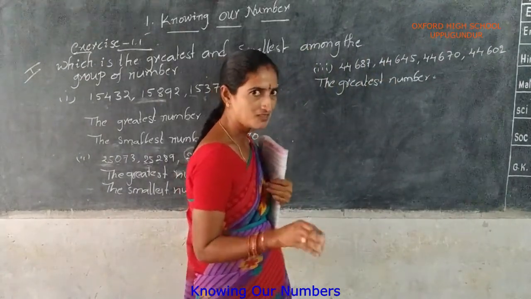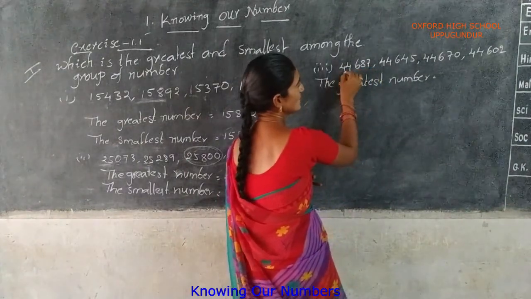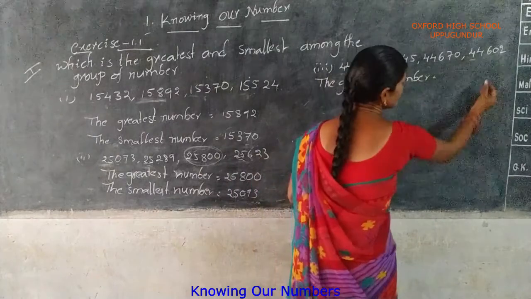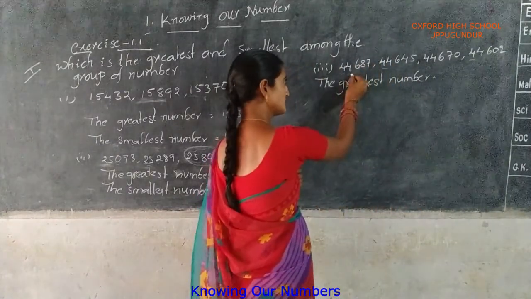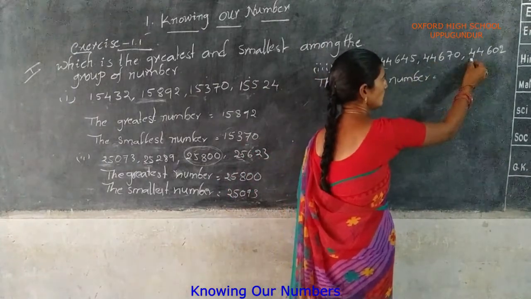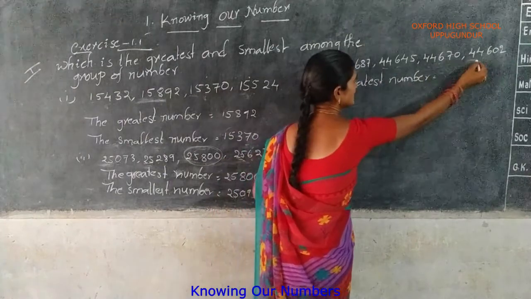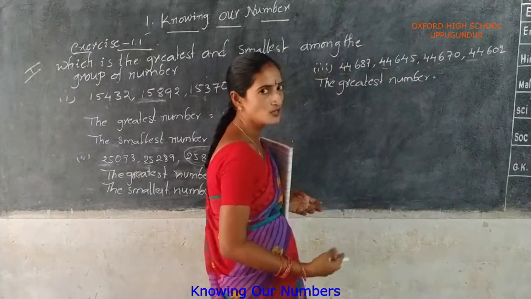Next, comparing with the place values: ones, tens, hundreds, thousands, 10,000s. The thousands and 10,000s places are the same, and the hundreds place is also the same.